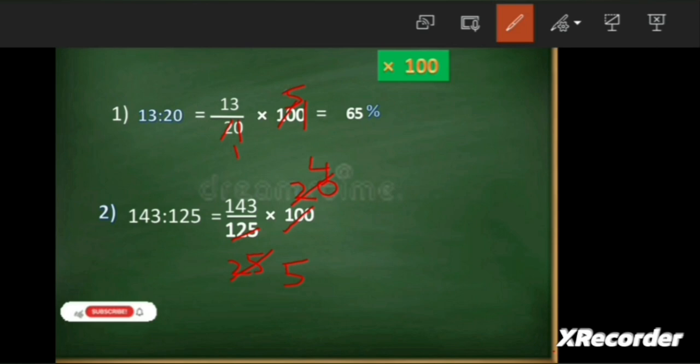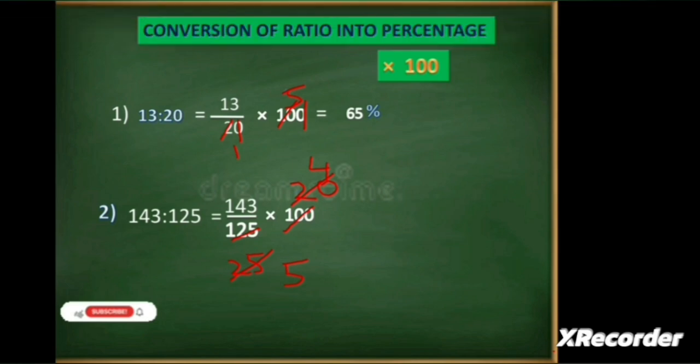So now we will multiply 143 into 4. We will get it as 572 and 5 divided by 5. What percent? Is this the final answer? Yes, many of them may give right, but many of them can cut your marks. Why?